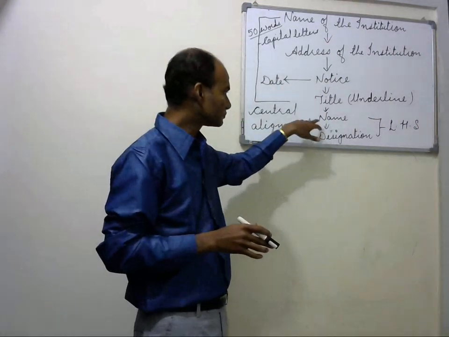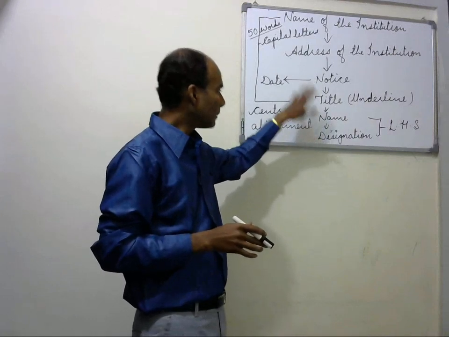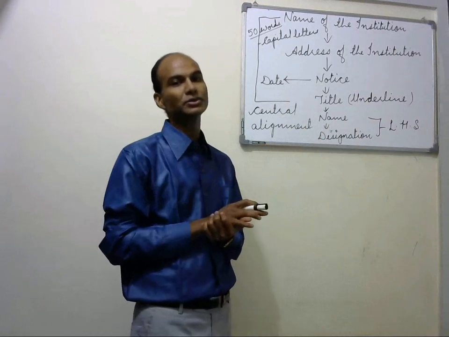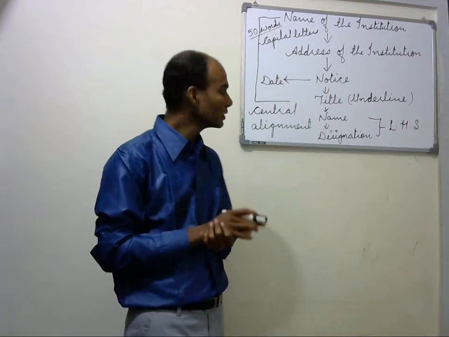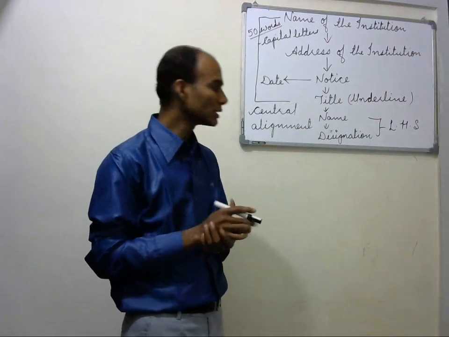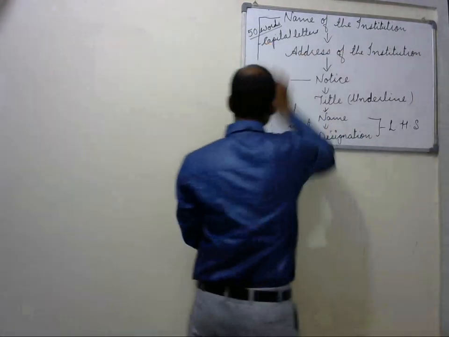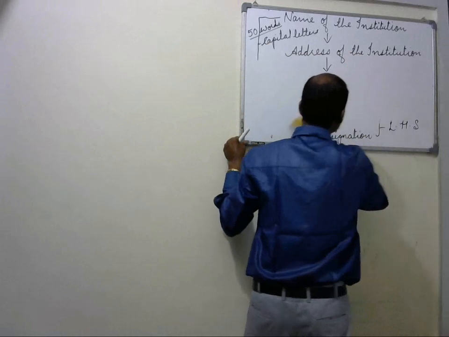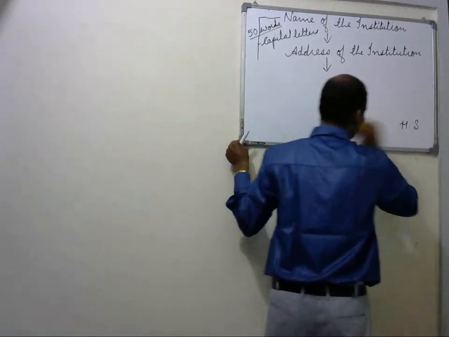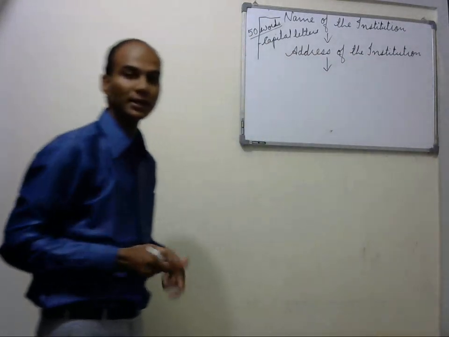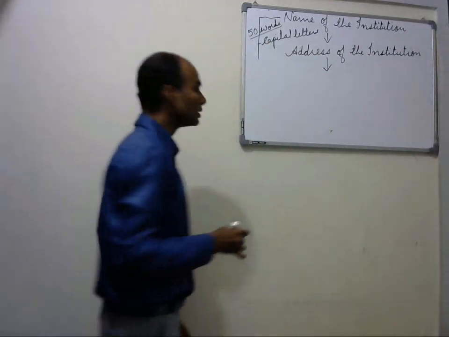Now, apart from these things, there are some more points that you should keep in your mind. So, let's see what they are. One, you must remember to include three important things in your notice.